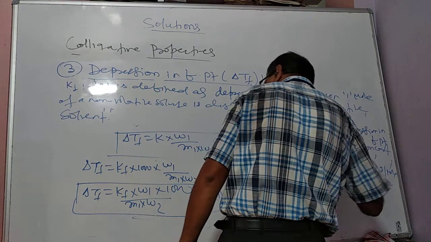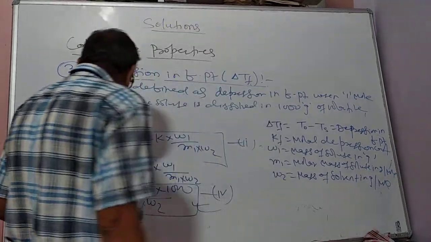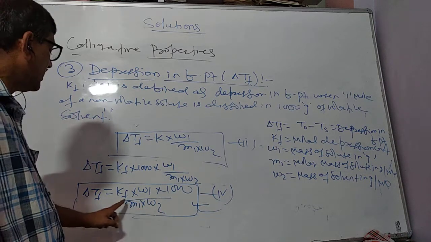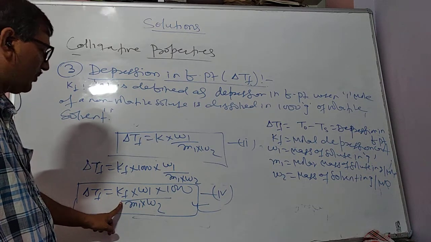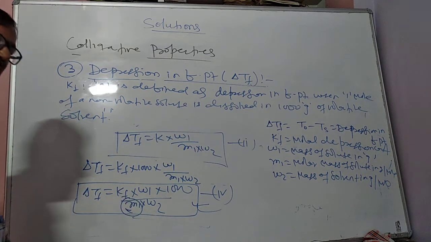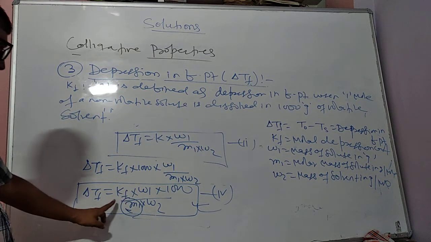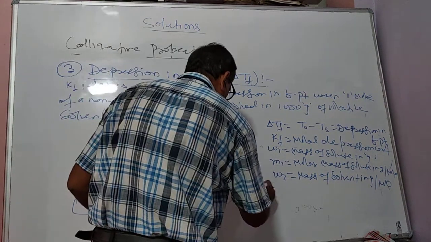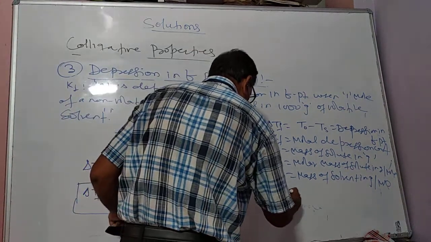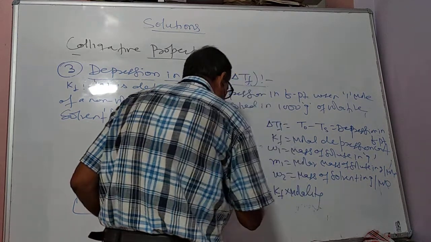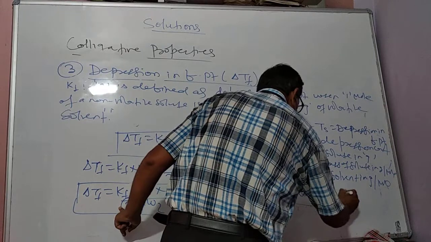So if all the other terms are given except any one, we can calculate it with the help of this equation. Especially we can find the molar mass of a non-volatile solute. This equation 4 can be written in reduced form as delta Tf equals Kf into molality. This is our equation number 5.